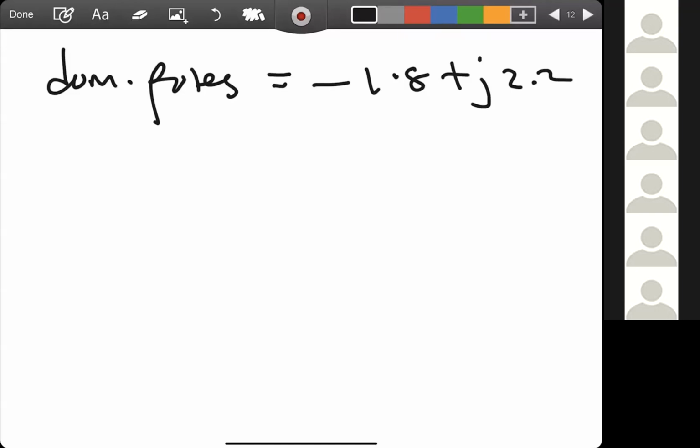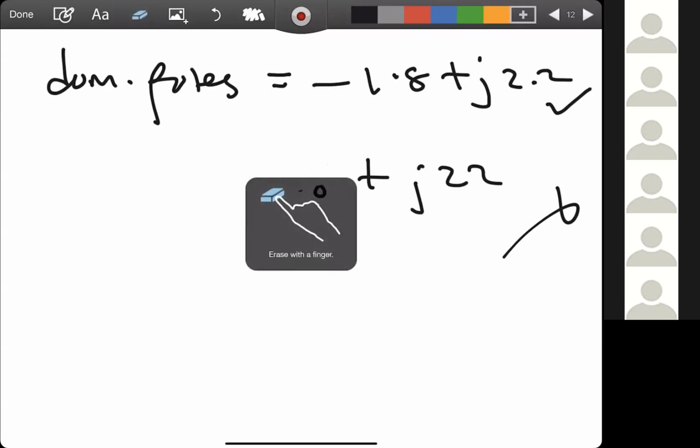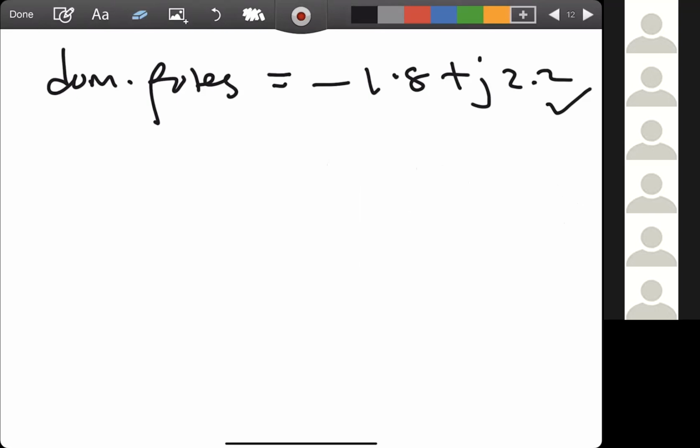Don't worry, because the design value can be not exactly the same, but almost in that acceptable range. But if you give a dominant pole that is far off, of course this one is wrong. It must be in the acceptable range. So the dominant pole is there.